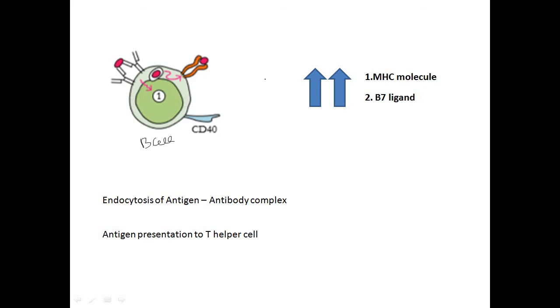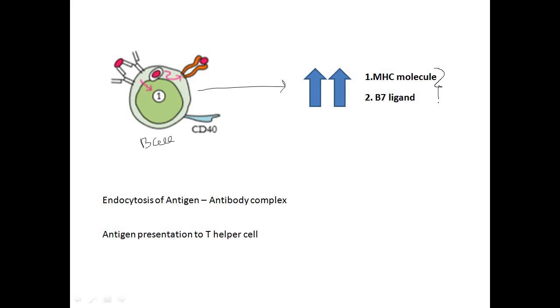An expressional change will occur inside the cell. What are the proteins that get changed when this antigen binds to this antibody? There will be an increase in the expression of the MHC molecule as well as the B7 ligand.